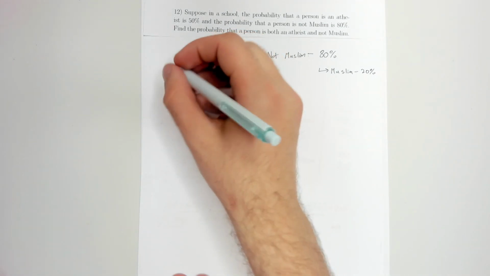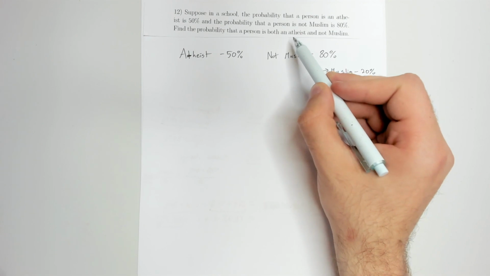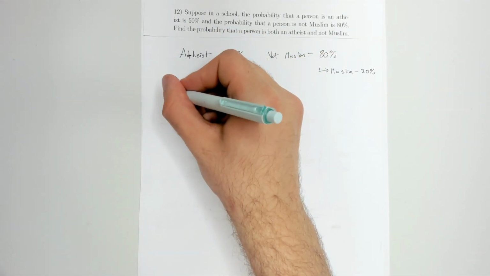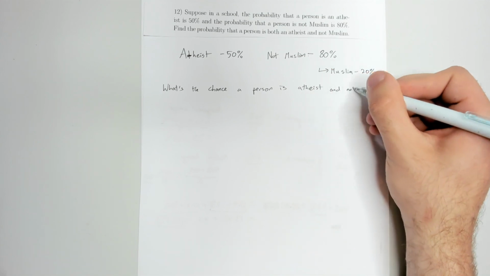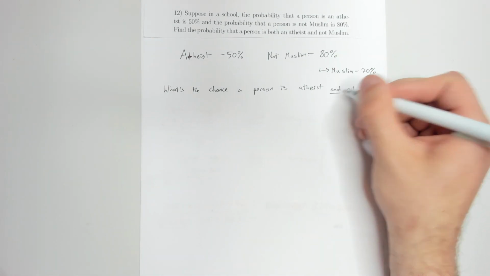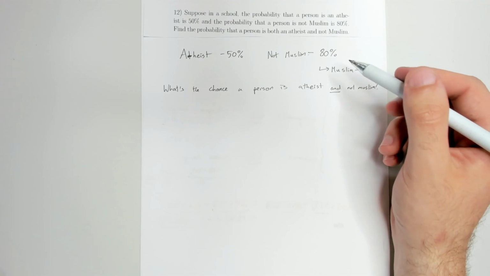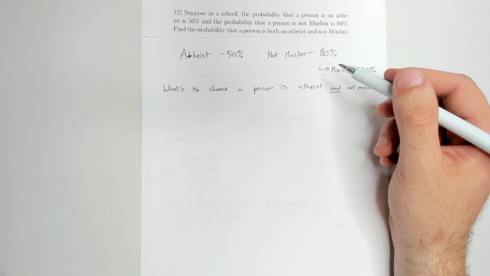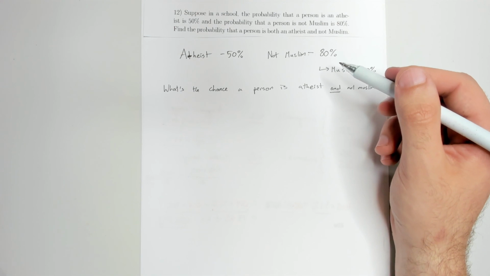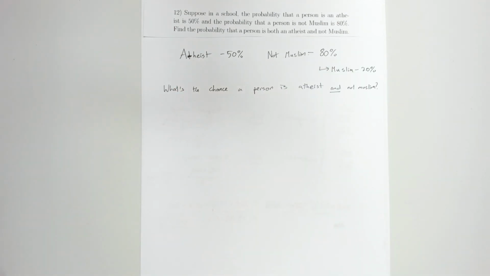Okay, so we want to figure out the probability that a person is both an atheist and not Muslim. So what's the chance? Okay, so we're combining probabilities here, and the way you combine probabilities through an "and" is you multiply the two probabilities. However, there is a caveat with this. These probabilities need to be independent, which means that they can't have any influence on each other.